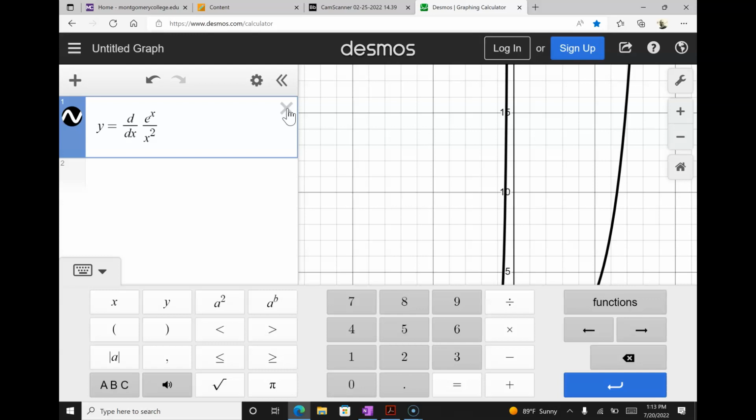The top d means what? What's that top d mean in the numerator? Derivative. What's the dx mean? X is the independent variable. So you're taking the derivative with respect to x is kind of what it says. D dx says take the derivative of this with respect to x. So there is my derivative.